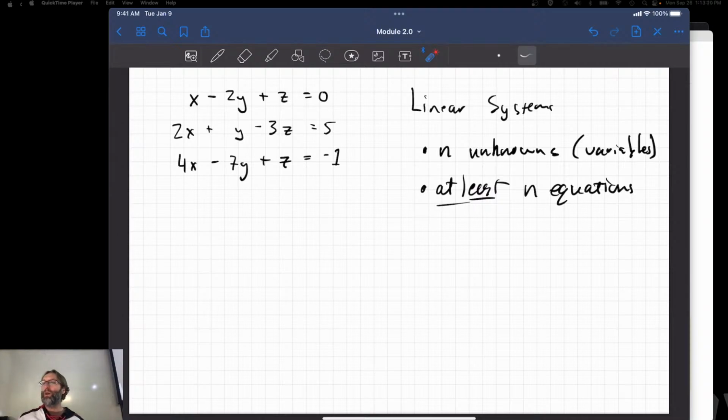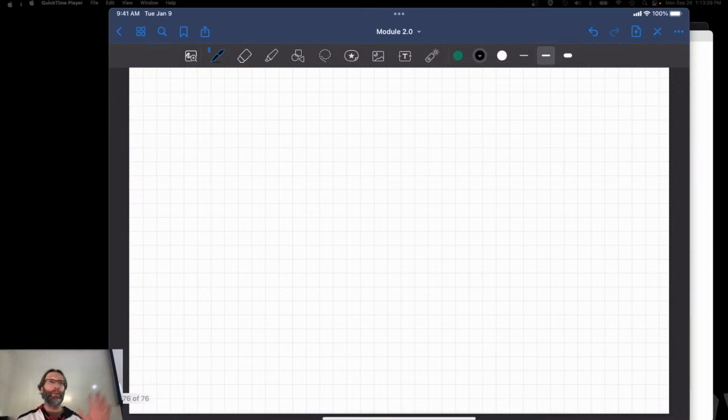How would we go about solving this? Now go to your 8th grade teacher who immediately jumped to Gaussian elimination. You start eliminating things, right? I want to get it to look like this diagonal here. Because what if I had a system that looked like that from the start?